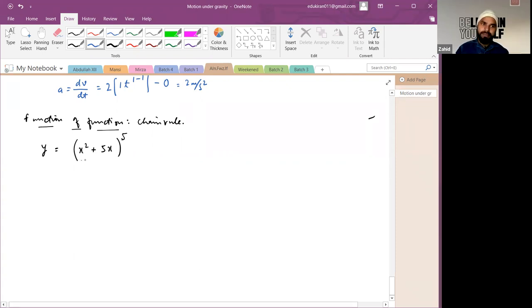First is the base term, x squared plus 5x, which we call an algebraic function. And next is the exponent over the whole, so we can call it an exponential function. So in this expression, we have mainly two different functions combined together and we can't separate them individually.